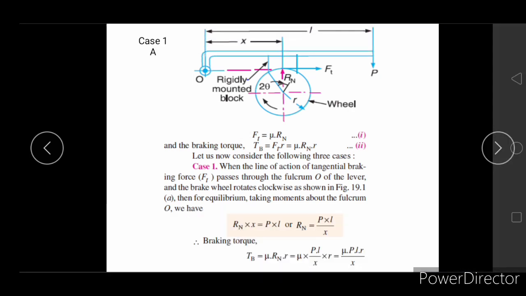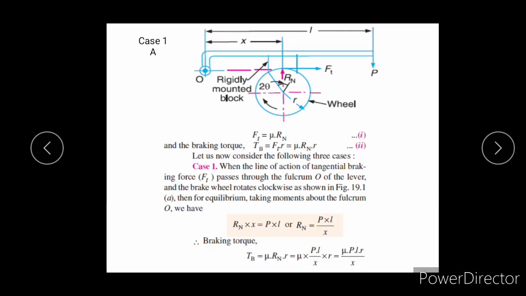It means this is the first case, and the wheel is moving in clockwise direction. So this is the case 1, part A. In part B, this wheel will move anti-clockwise direction and the fulcrum's position will be the same.